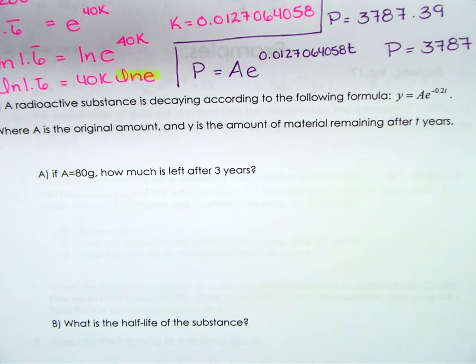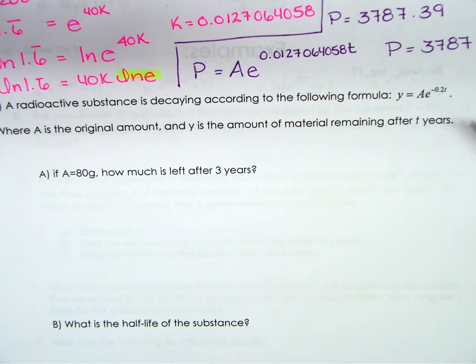Radioactive substance is decaying. And we know it's a decay because it has a negative exponent on there. Guys, exponents are tiny. Make sure you pay attention to the positive and negatives on them. All right, so how much is left after 3 years? Super easy. It's telling you what A is, and we're just evaluating.